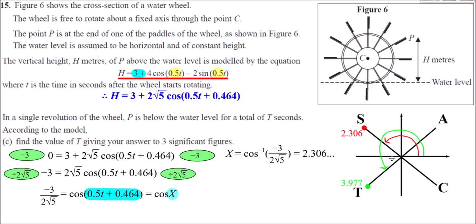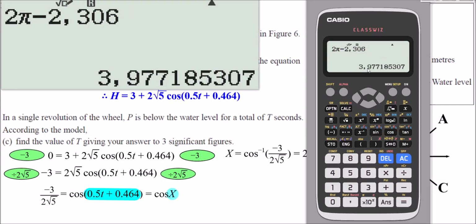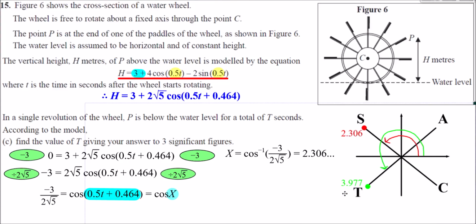So this green angle will be the full circle of 2 pi minus the 2.306. So essentially what I've done there is 2 pi minus 2.306, and we get 3.977. That's why I get, to 3 decimal places at least, a value of 3.977 in the T quadrant.